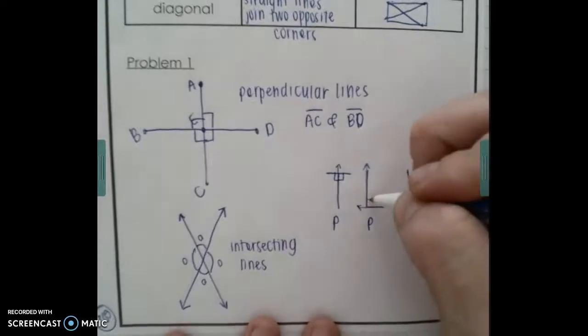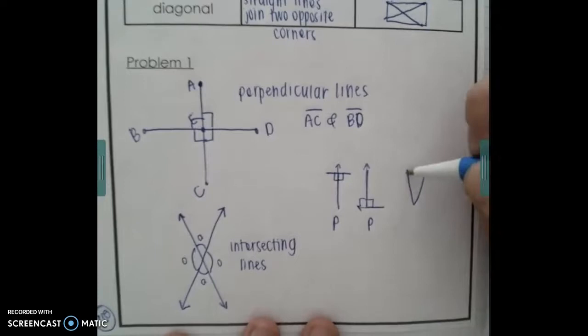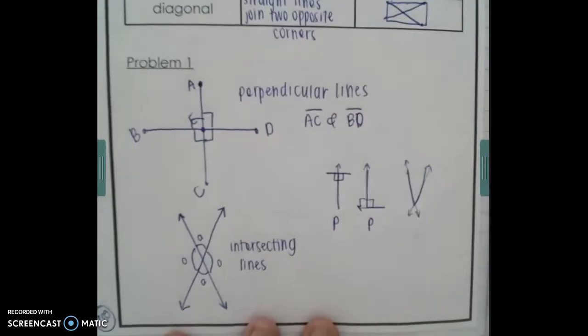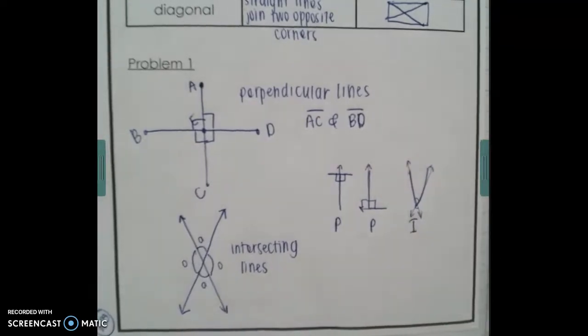They make this 90 degrees. They connect nice. And then my V, let's say this line kept going up, kept going down. Would these be perpendicular or intersecting? For this one, we should say it's not making any 90 degrees, so this is going to be an intersecting line. So really today we're just identifying if it's perpendicular or intersecting.